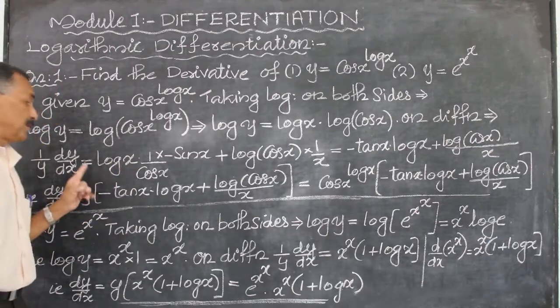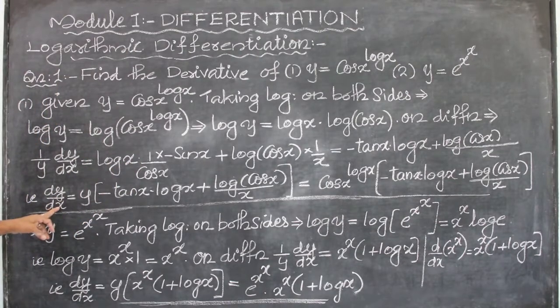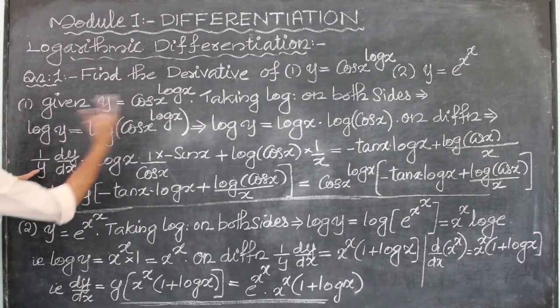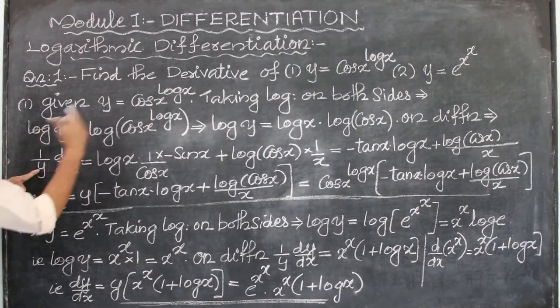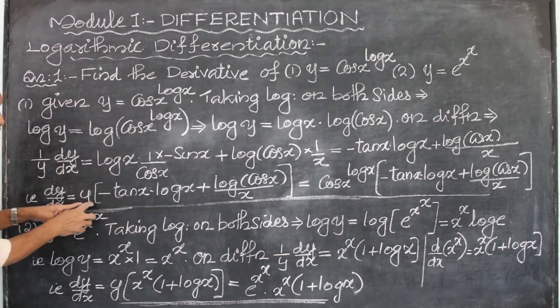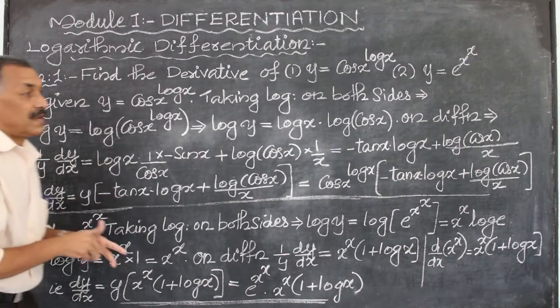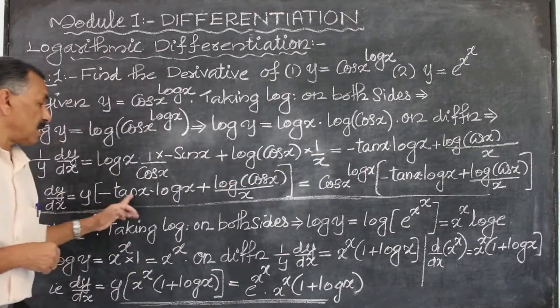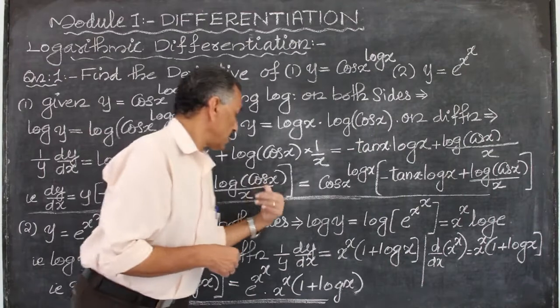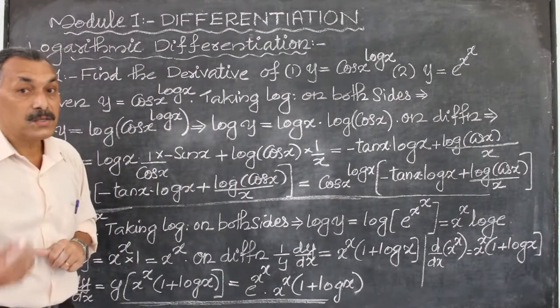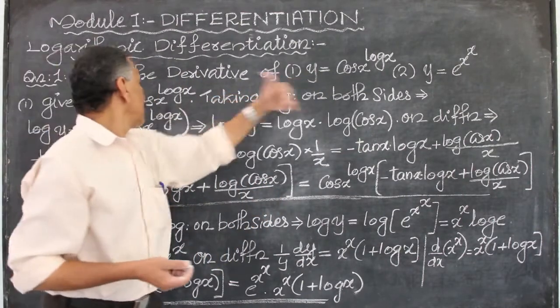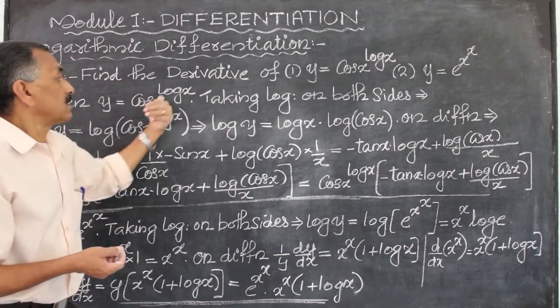That is 1 by y into dy by dx. Then what is dy by dx? dy by dx is equal to y into minus tan x log x plus log cos x by x. What is y? y is equal to cos x raised to log x.